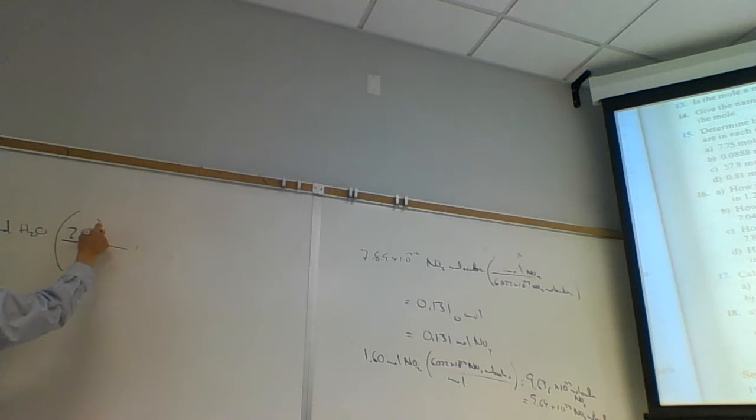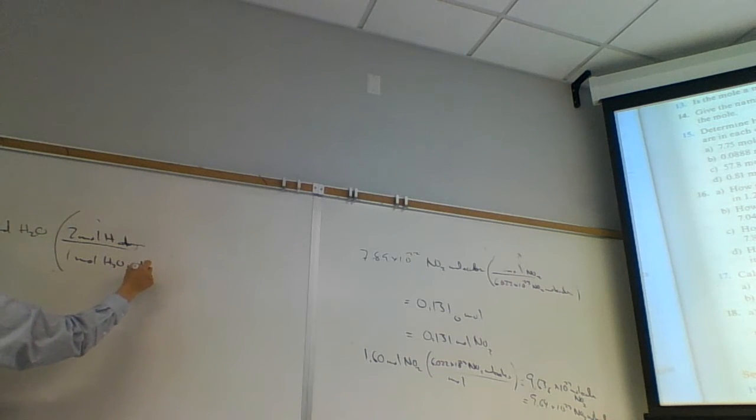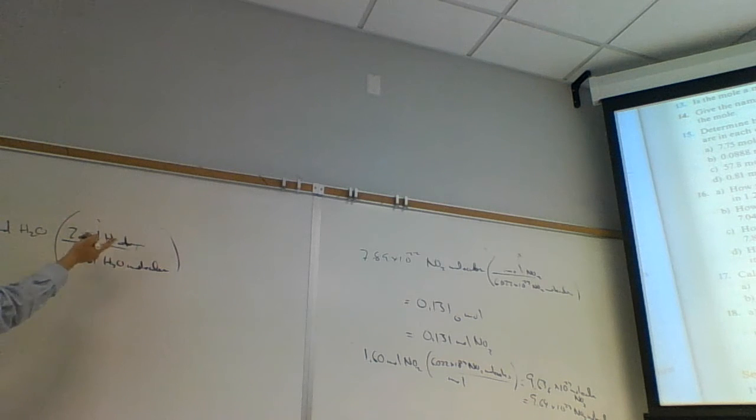I have 2 moles of hydrogen atoms for every 1 mole of H2O molecules. And so for every H2O molecule, I have 2 H atoms. For every mole of H2O molecules, I'm going to have 2 moles of H atoms.